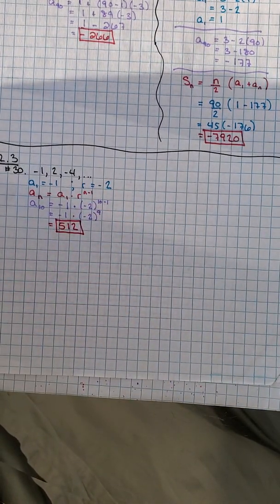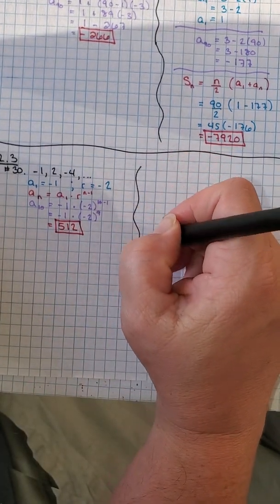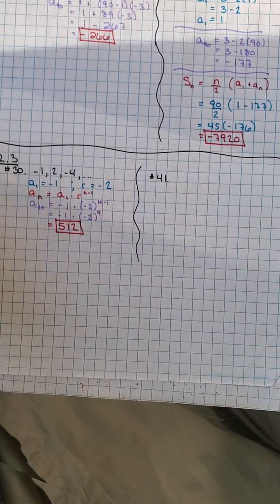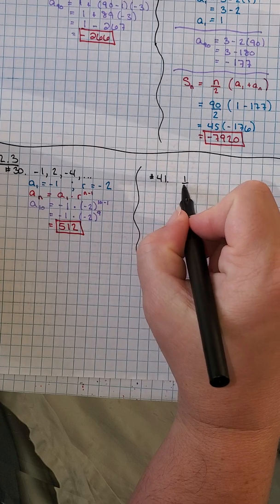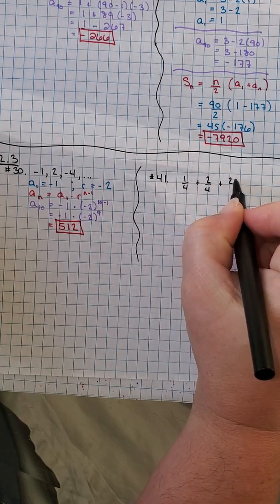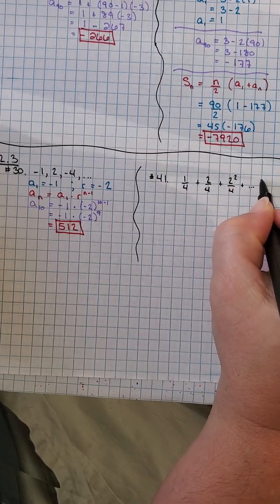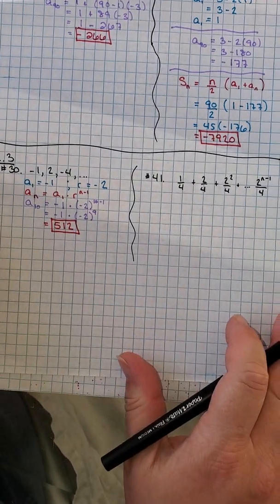That's number 30. All right, and then from that same geometric section, number 41, we have to find the sum of 1/4 plus 2/4 plus 2 squared over 4 plus and so on, up to 2 to the n minus 1 over 4.